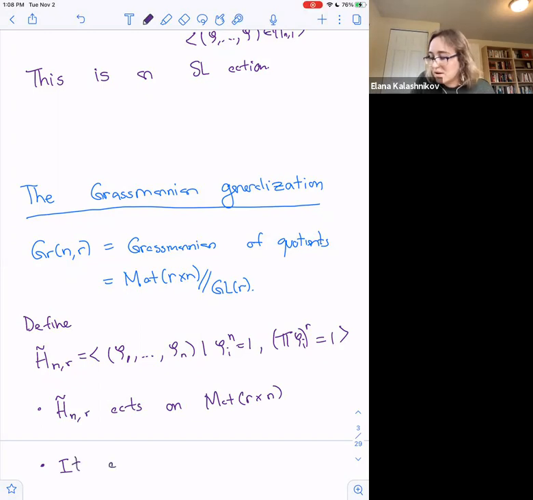So it acts via SL, because if you think of r by n matrices as a big vector space, then this is acting on each row, and so the determinant is going to be the product of all the zeta i's raised to the r, rather than just raised to itself once.